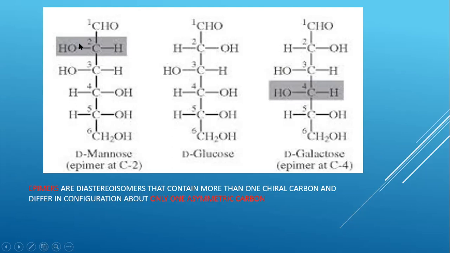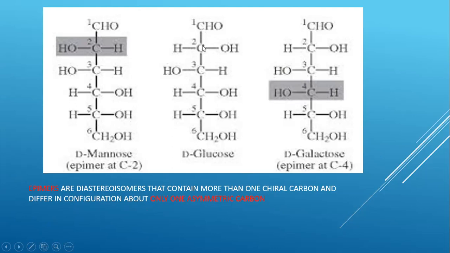But this and glucose are epimers, carbon 2 epimers. Galactose and glucose are carbon 4 epimers. So epimers only differ in the configuration about only one asymmetric carbon. So talking about asymmetric carbon, look at this. How many asymmetric carbons do we have in glucose?